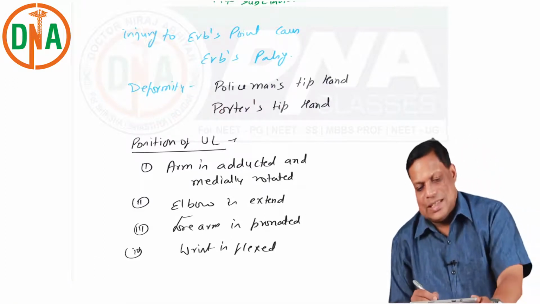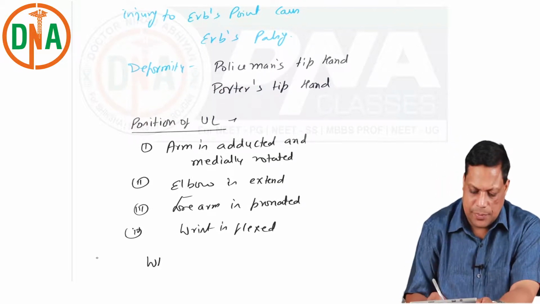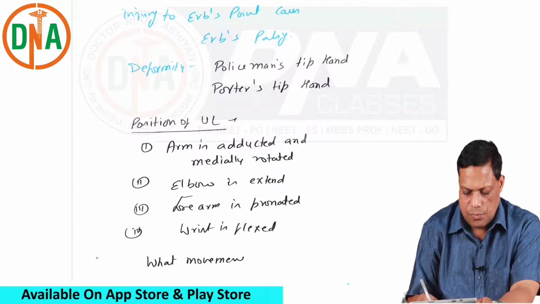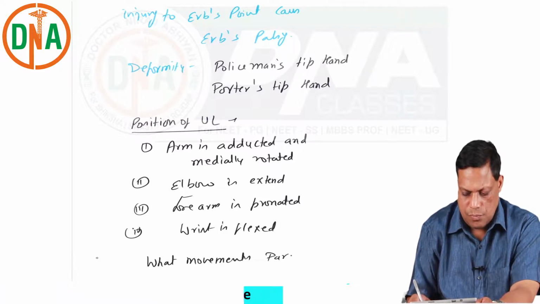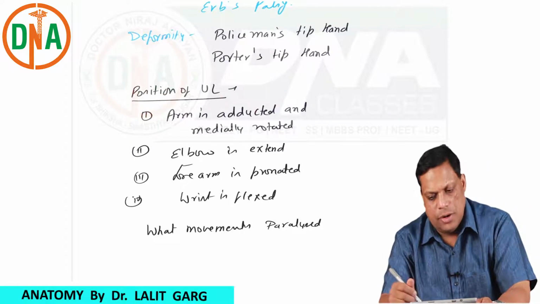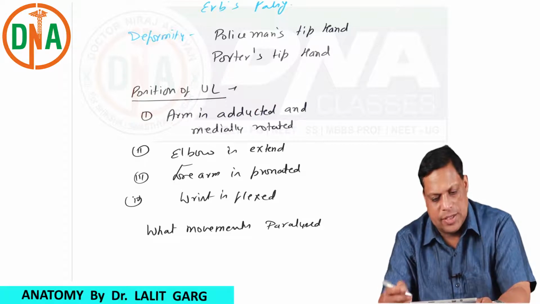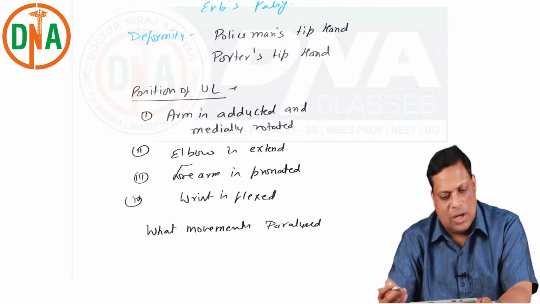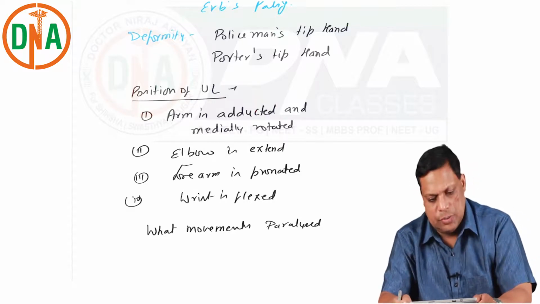So what movements are paralyzed in Erb's palsy? The movements which are written, they are present. They are not written, they are absent or paralyzed. Like arm is adducted, so adduction is possible. What is not possible? Abduction is not possible.